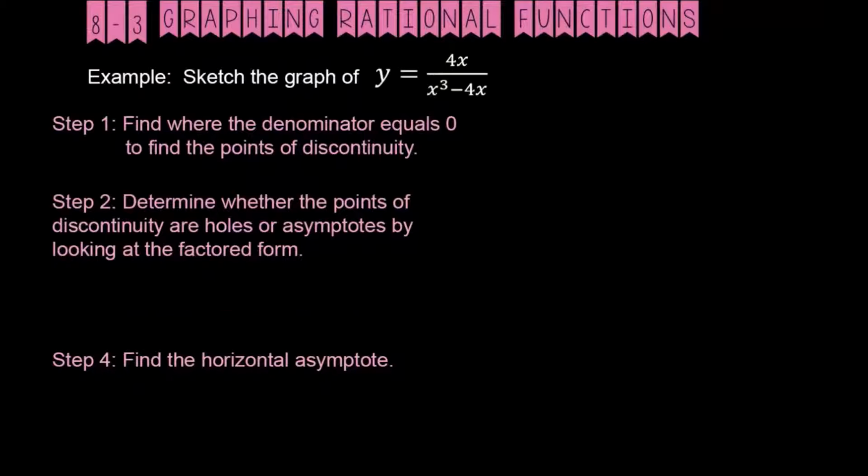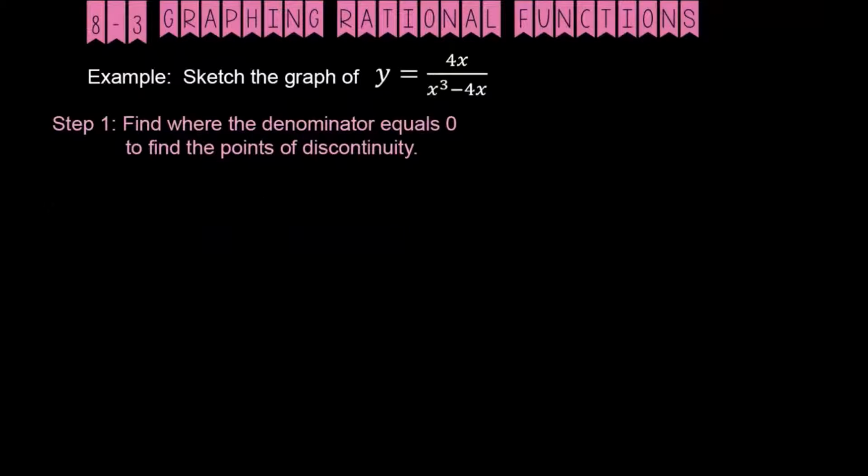Alright, so let's start with step number 1. We want to find where the denominator equals 0. So we're going to take our denominator, which is x cubed minus 4x, and set it equal to 0.